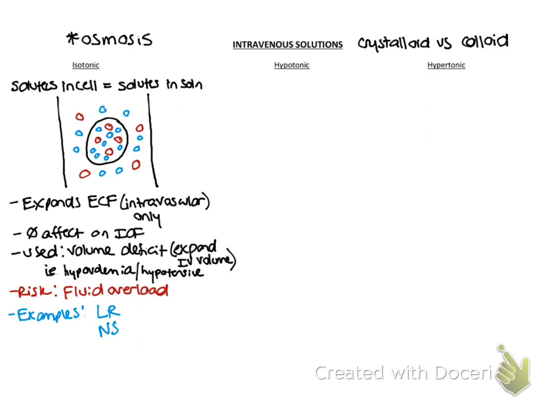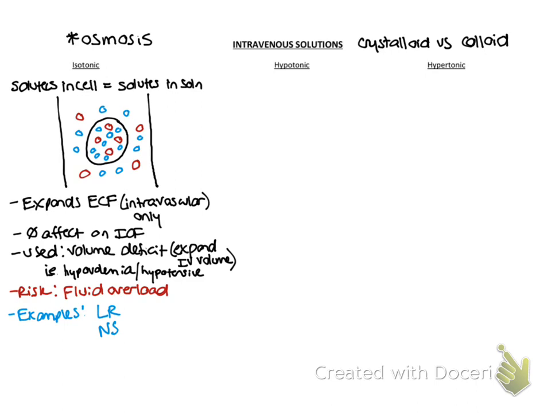So it ends up being a hypotonic solution. A lot of people get that confused. The D5W is isotonic in the bag, but it is considered hypotonic in the body because as soon as it's given, the dextrose gets used up, and all you're providing is free water.